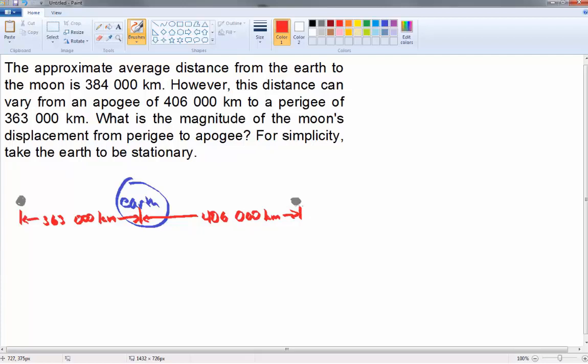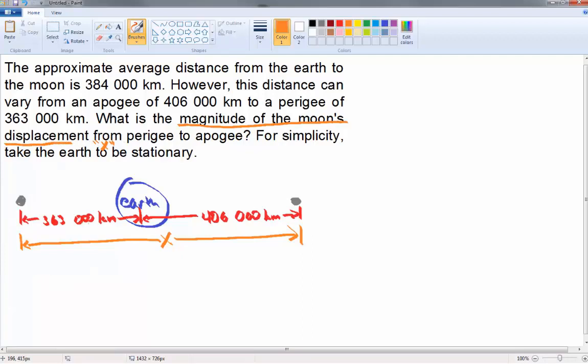So the question here ends up being, how far apart are they from least distance to greatest distance? So this right here would be the magnitude of displacement, which I'm just going to label as x.